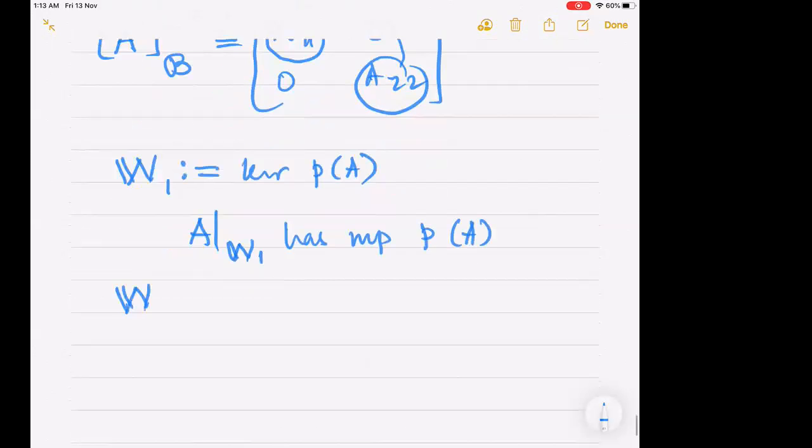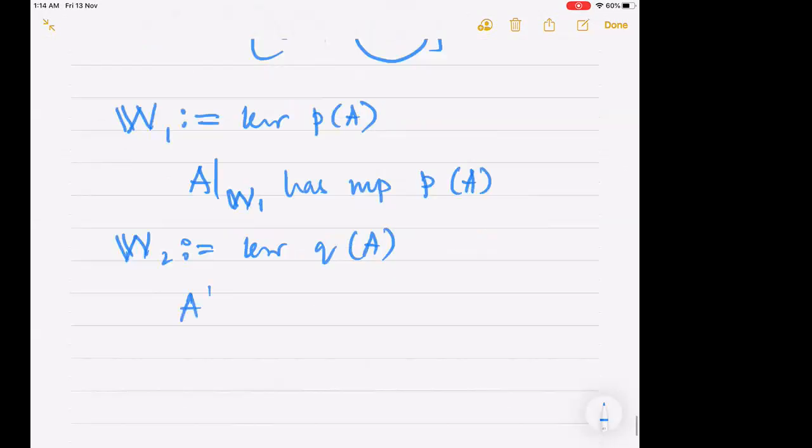W2, defined as the kernel of QA, must also have A restricted to W2 with minimal polynomial QA, right? This sort of apparently innocuous result actually has grave repercussions.